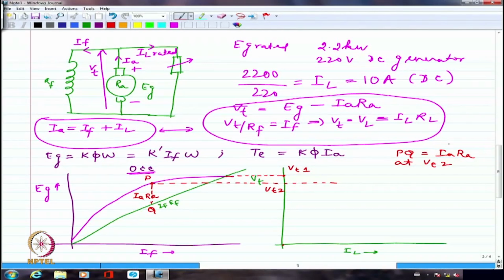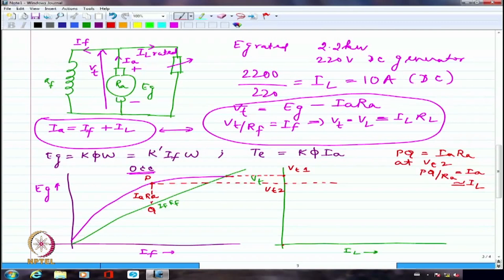So I am going to get PQ divided by RA, which is going to be IA, which I am approximately assuming to be IL. I can assume IA equal to IL invariably because RA is going to be really small most of the times. That is going to be only 0.1, 0.2, whereas the field resistance is going to be 150 ohms, 200 ohms and so on.